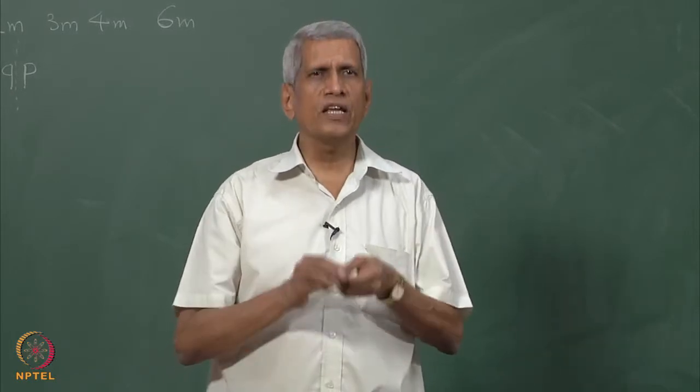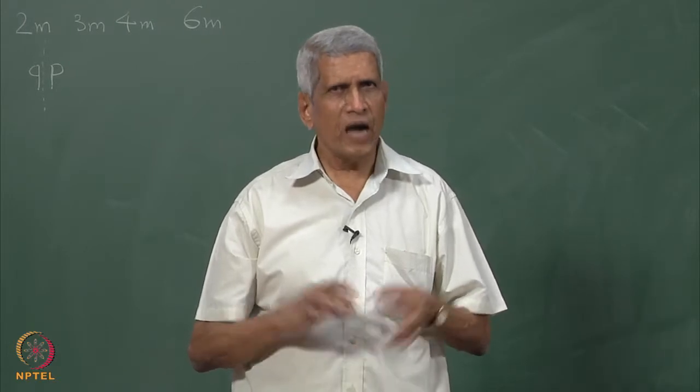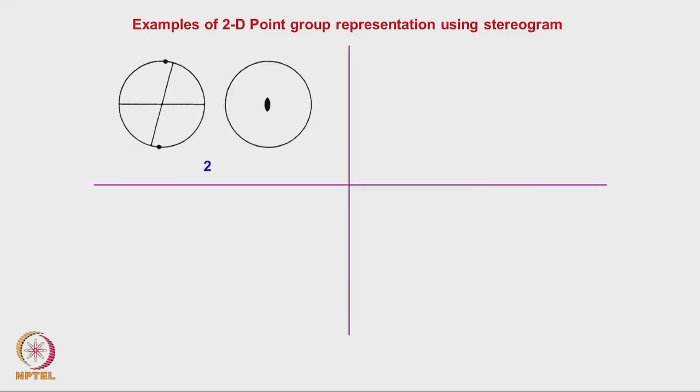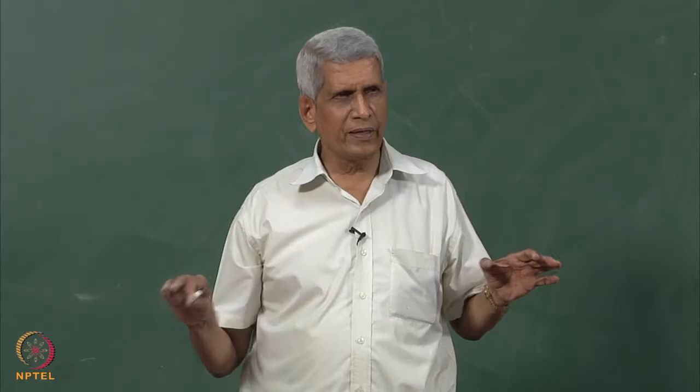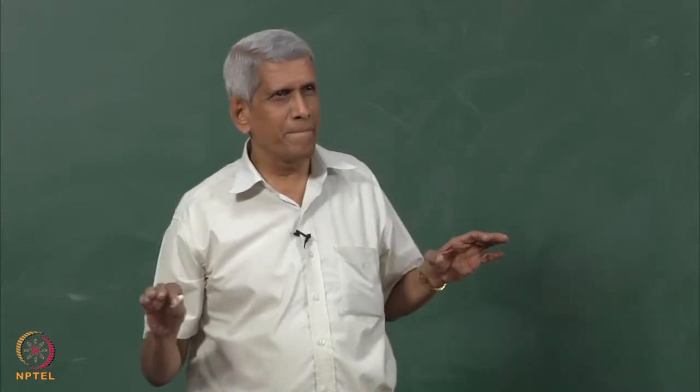Or physically we can draw the picture itself and do this representation. All the representations have been used in crystallography. Here what I am trying to do is to show, for a two-dimensional lattice, how it is represented in a stereographic projection. You remember the stereographic projection?